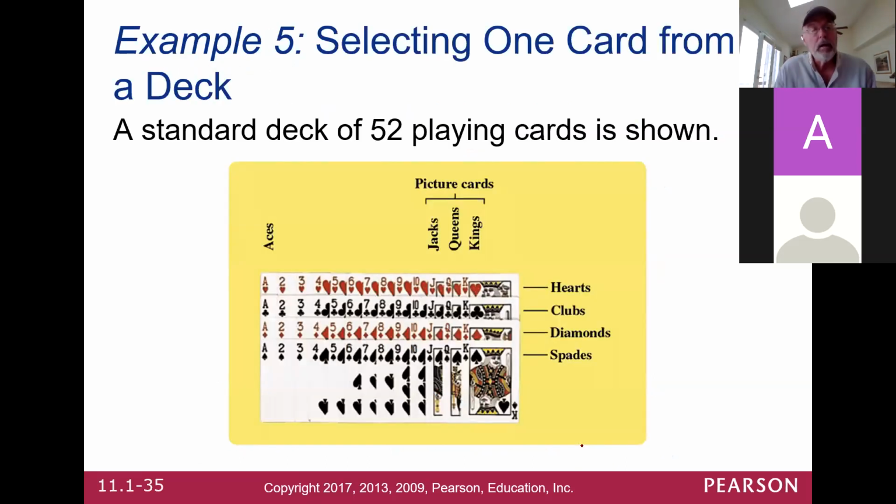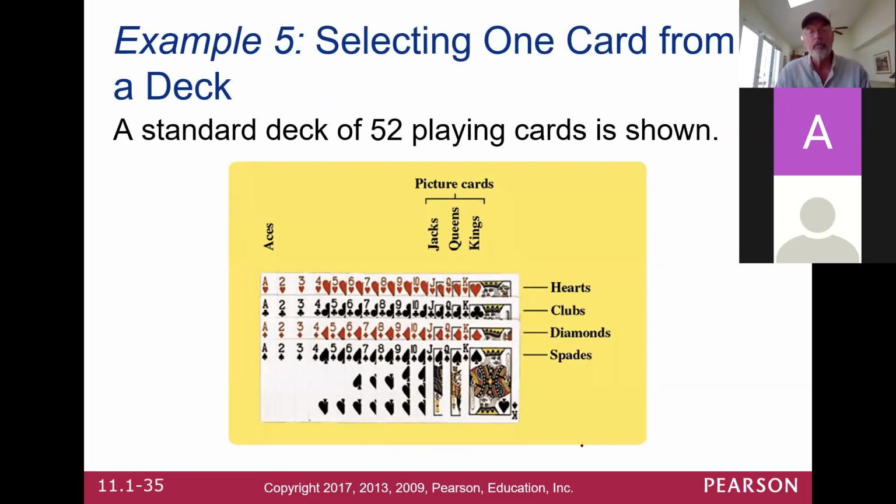Okay, how about a deck of cards? Everybody know what a deck of cards is? All right, let's just think about it real quickly here. We have a deck of cards.